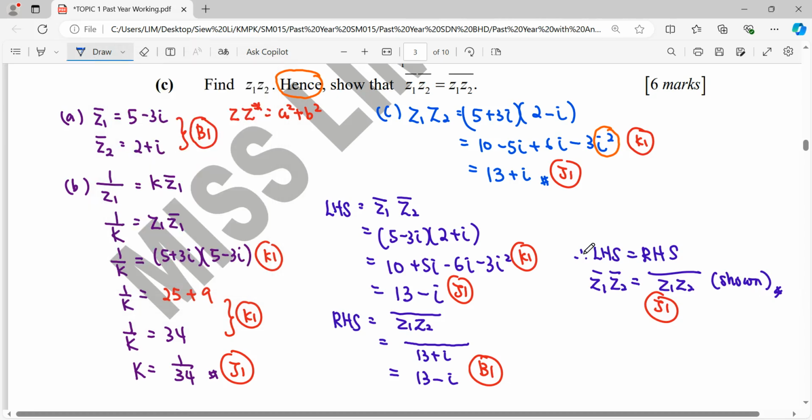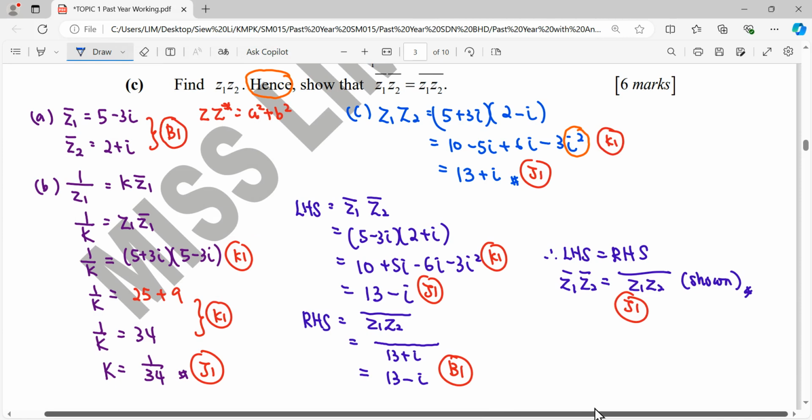With this show question, I want to remind that when you're doing show, never do the left hand side and right hand side together like this: conjugate z1, conjugate z2, then you directly equal to conjugate of z1 times z2. If you perform the working like this, you are showing nothing.